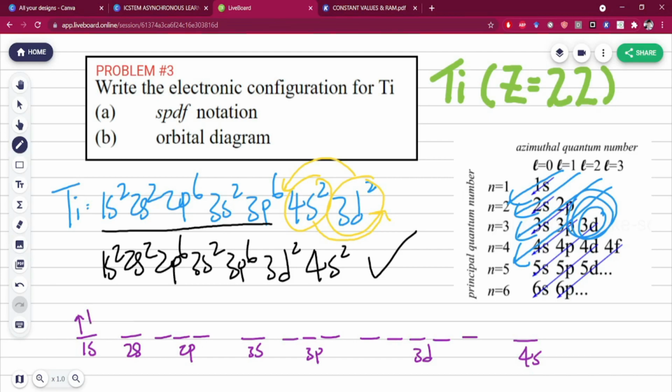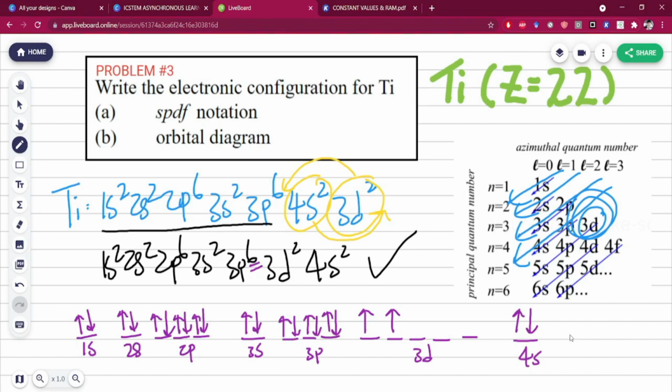So you have 2 electrons here, 2 electrons there, 6, 3p6 right there, and 3d2, 1, 2, and then 4s2. So this is the orbital diagram for titanium.